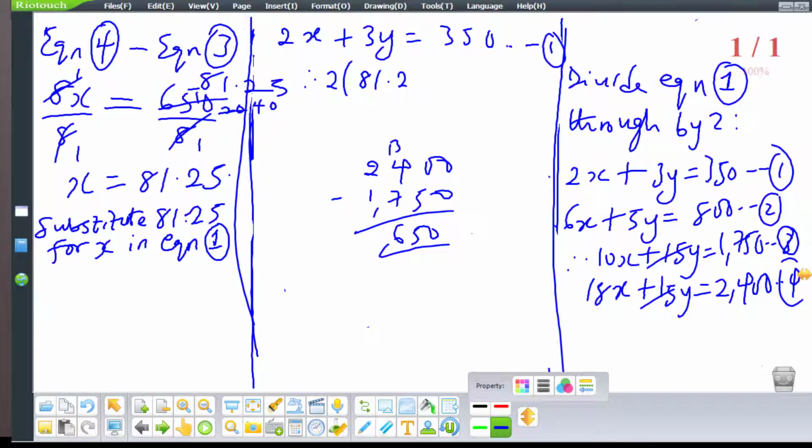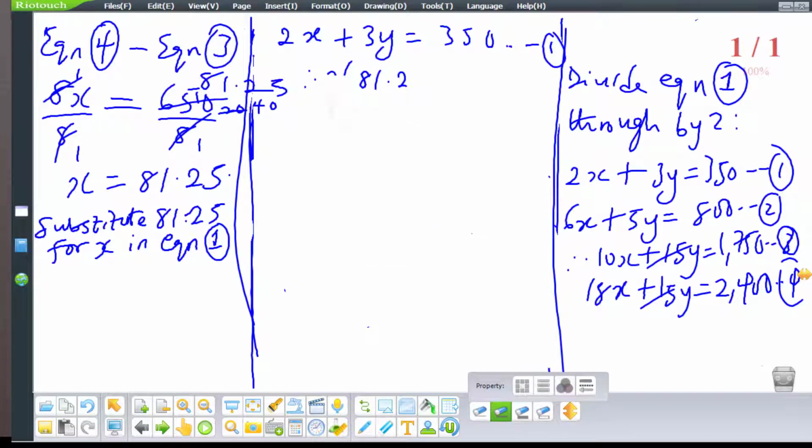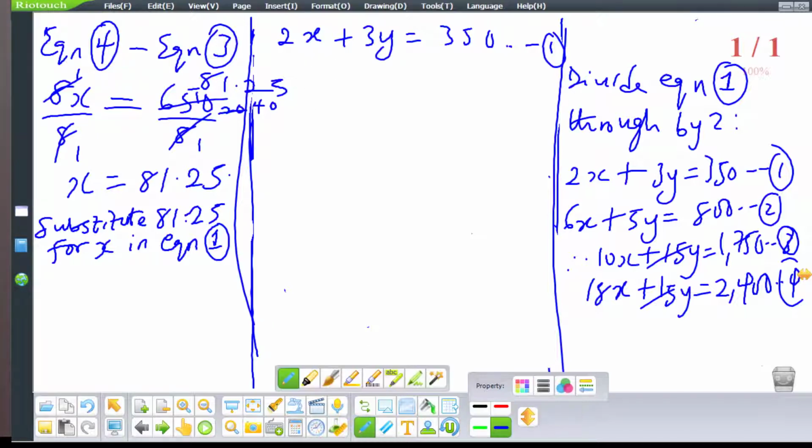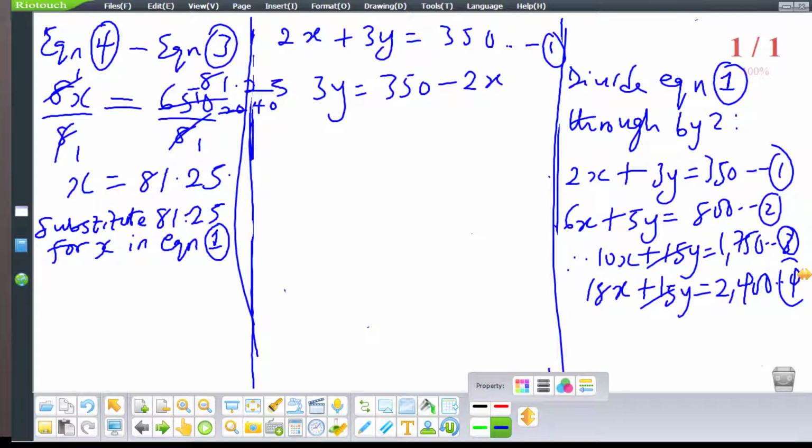Before actually solving, you could make the variable you are looking for, the y, the subject of the formula first, so that it will be direct for you to get your answer once and for all. So in making y the subject, we say 3y equals 350 minus 2x.